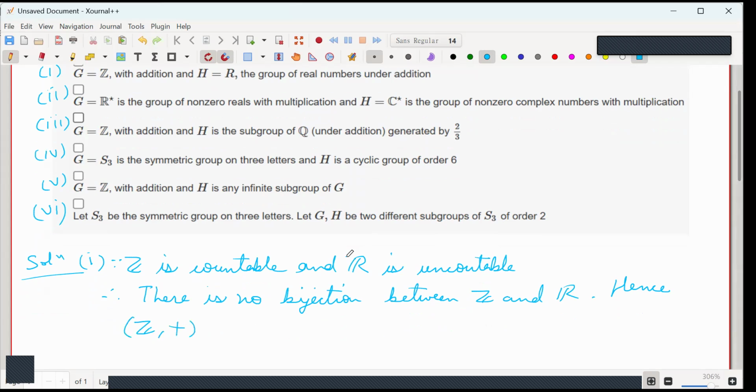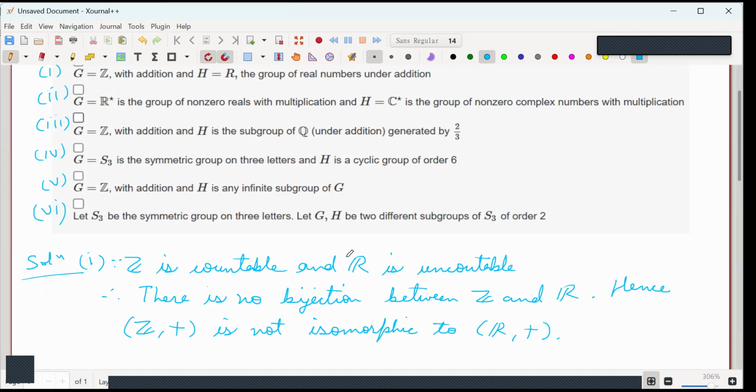So Z plus, that means Z under the plus operation, is not isomorphic to R plus.